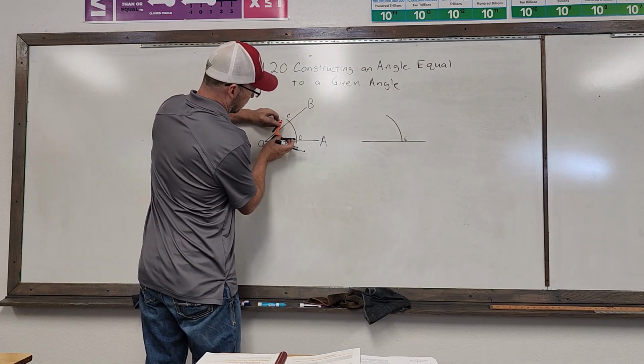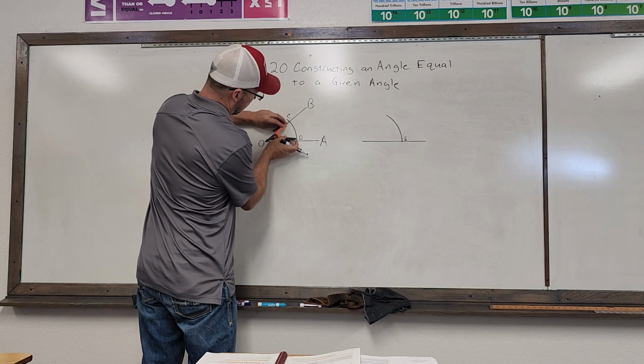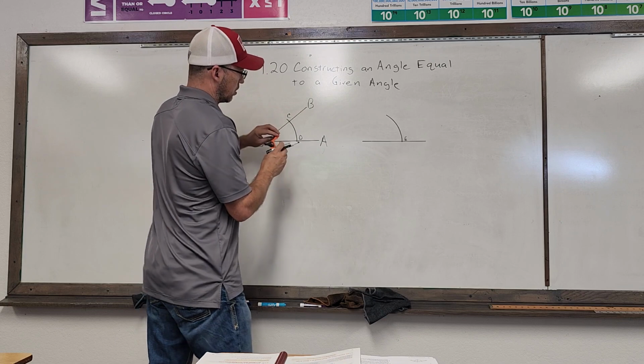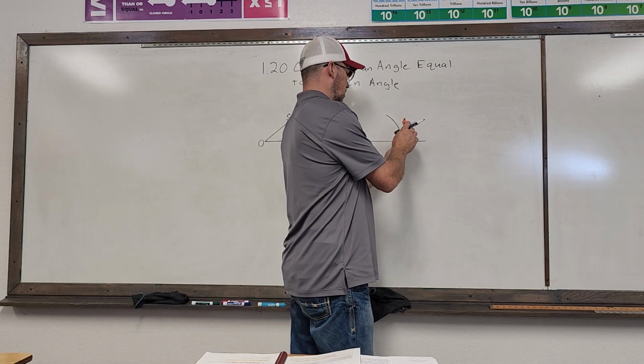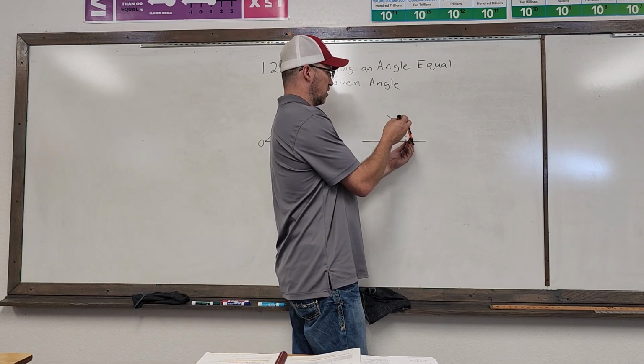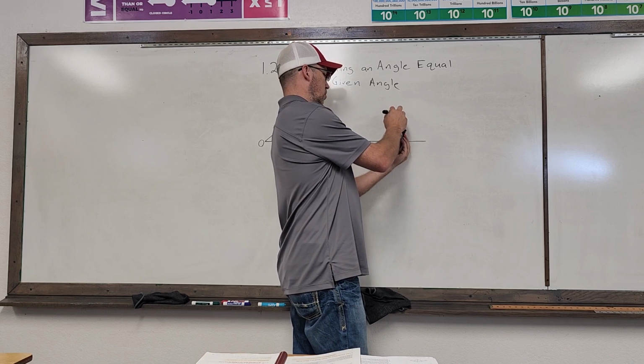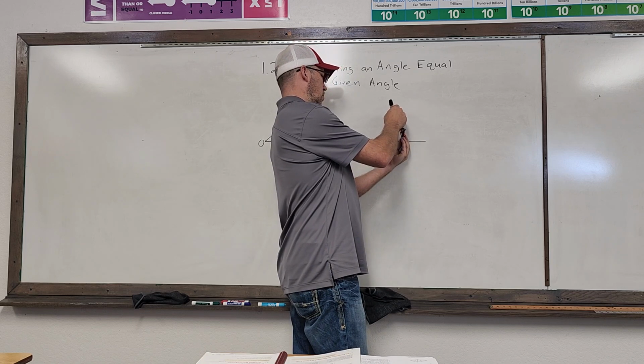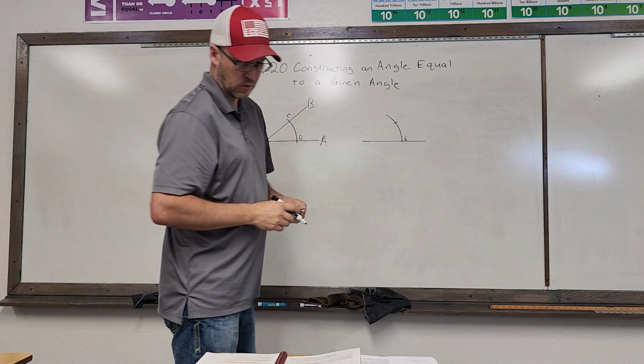I want to do the same. I'm going to measure from C to D here. So I've got my measurement, and I'm going to make an intersecting arc with E being the center of my circle. Alright.